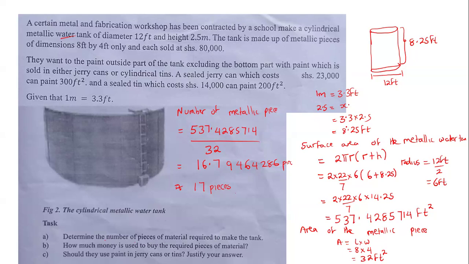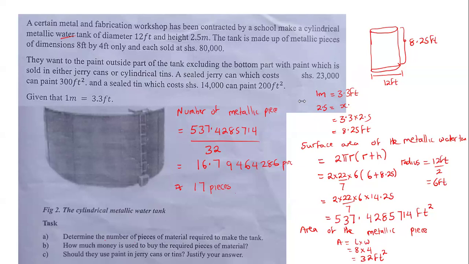Now you ask yourself, when I buy 16, will everything be covered? No, the smaller part will remain. So meaning the work will be incomplete. So that one you round up. Okay, thank you, sir.